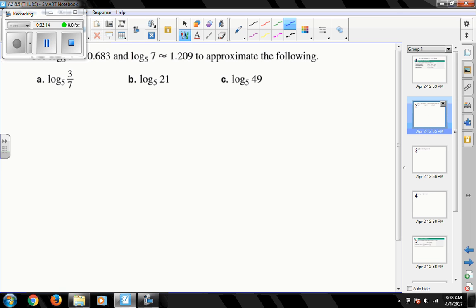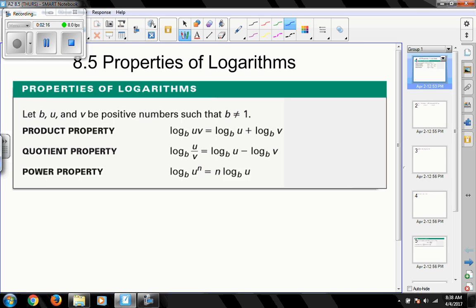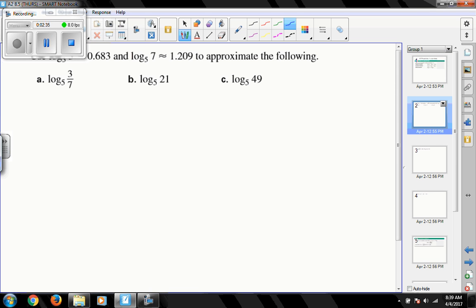If we flip back to our properties, we can see that we have division. We're going to subtract the log base b of the numerator minus log base b of the denominator. So we're dealing with log base 5. So what we can do is we can say log base 5 of 3 minus log base 5 of 7.